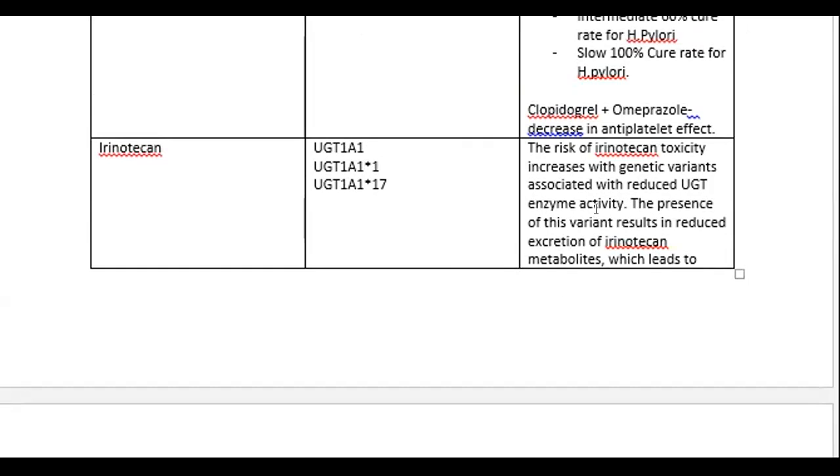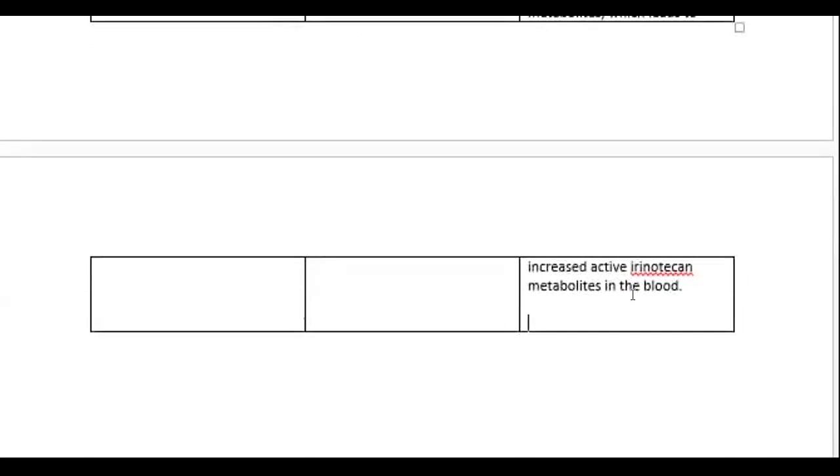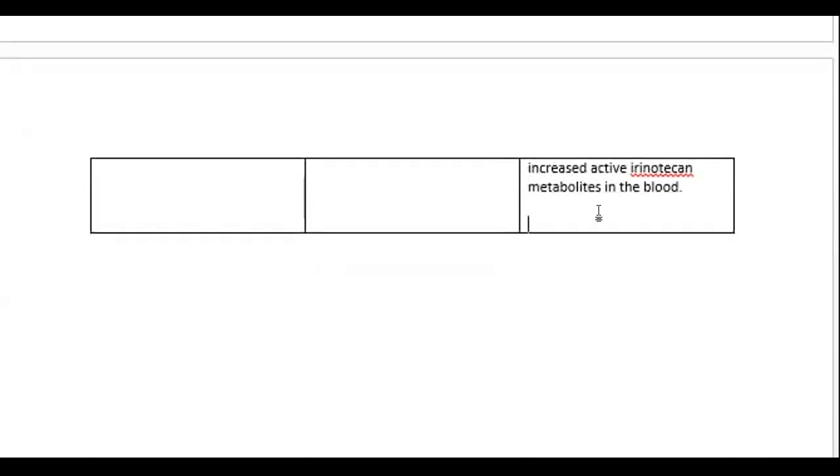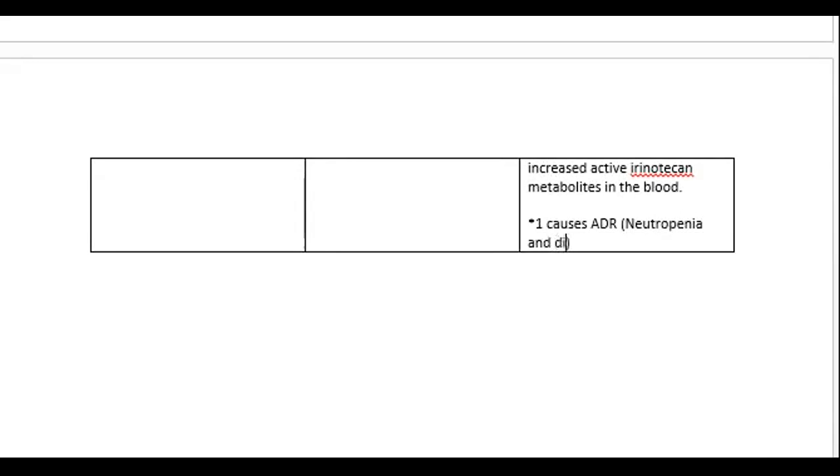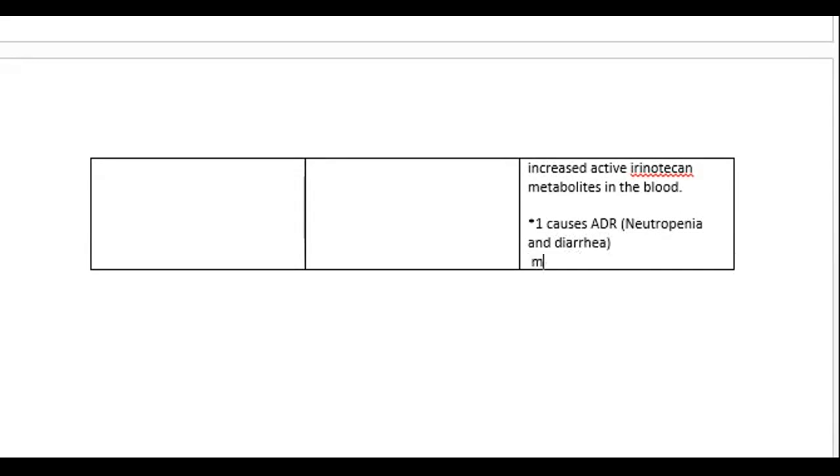Because of this accumulation, the patients with the star 1 variant may experience adverse effects like neutropenia and diarrhea, and more than that with star 17.